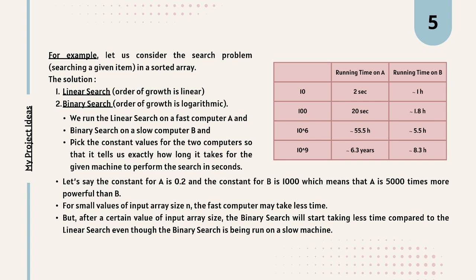For small values of input array size n, the fast computer may take less time. But after a certain value of input size, the binary search will start taking less time compared to the linear search, even though the binary search is being run on a slow machine. Even if the binary search algorithm is being run on a slow machine, it takes less time compared to linear search if the input array size increases.